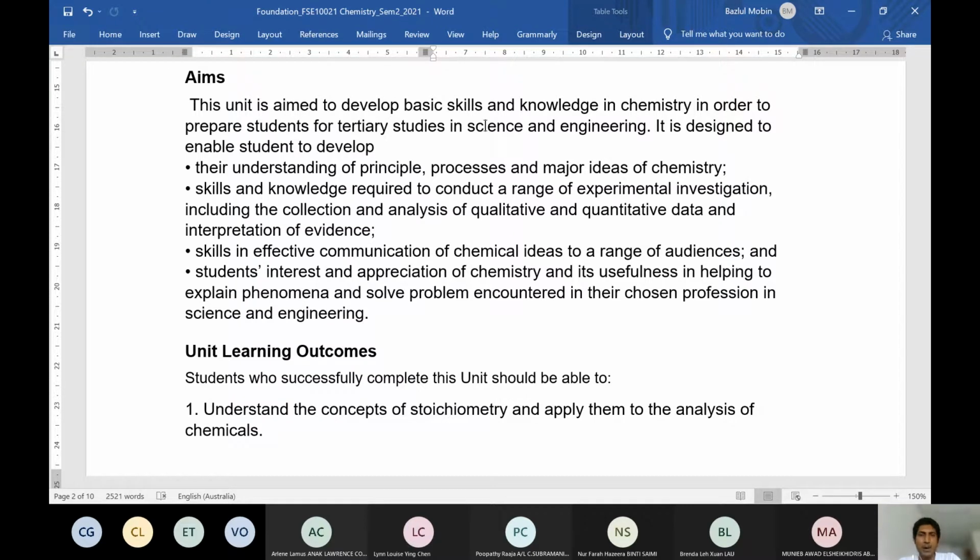But how to apply this in the real world, how people work with this to get something out of it? It is not only those big, thick books on chemistry; it doesn't matter if we do not understand and apply the knowledge in real life. So we want you to learn how to apply that knowledge to solve real life or practical problems.